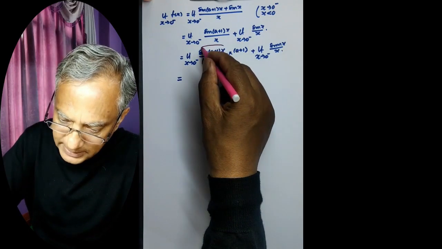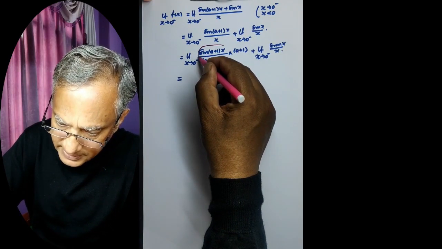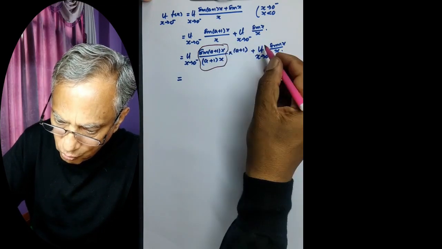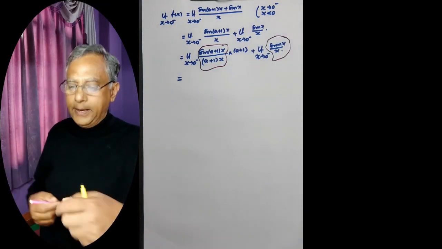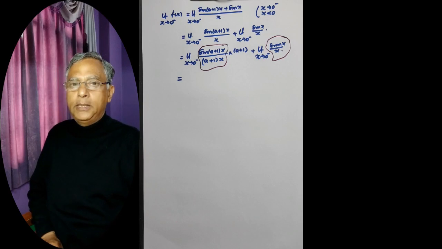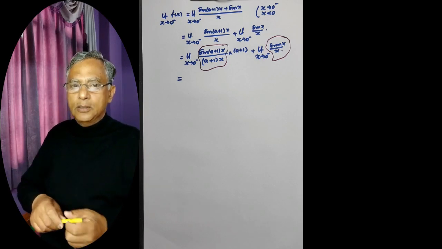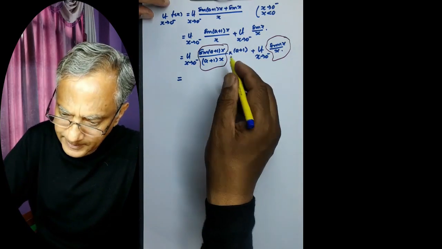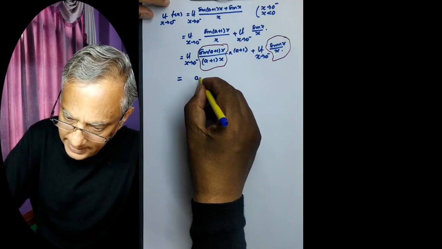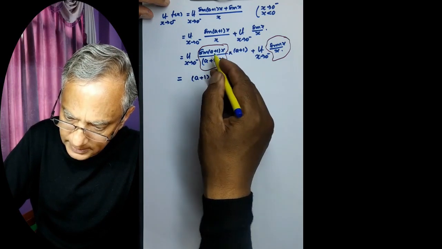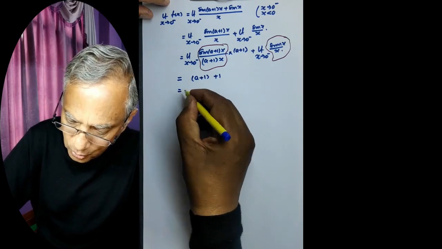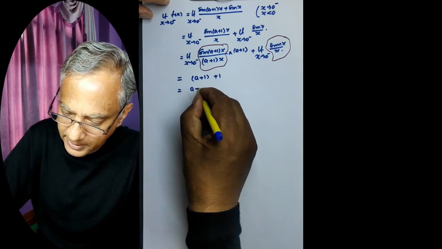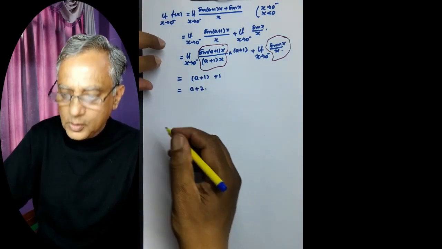Now this limit is 1, and this limit is also 1. Limit of both these terms is 1. So we have a plus 1, this is 1, a plus 1 plus 1. So left limit is a plus 2.